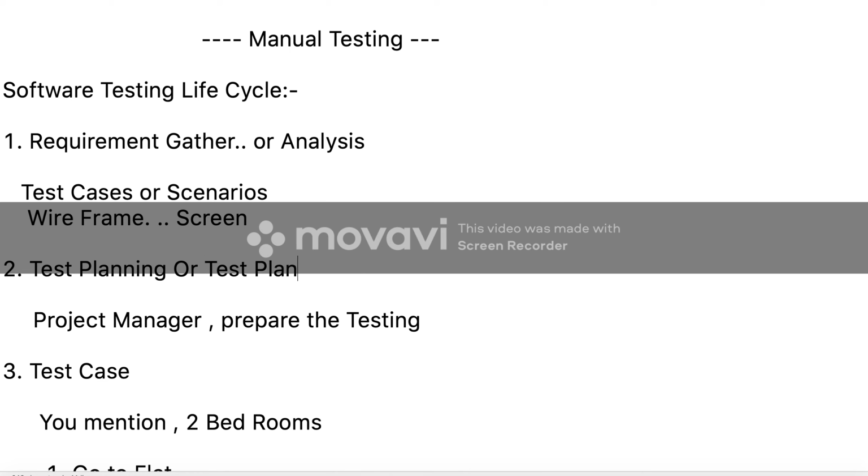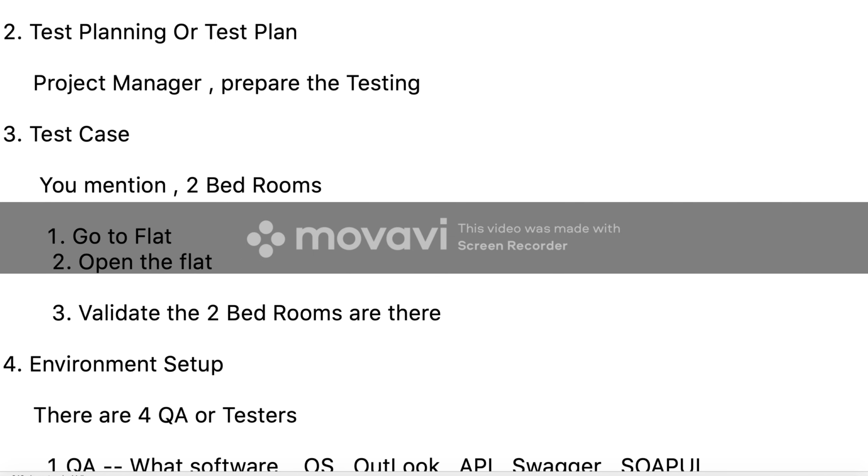The test plan is a document prepared by the manager. It contains all the details about the project. A test case, use case, or scenario, all these terms are the same.